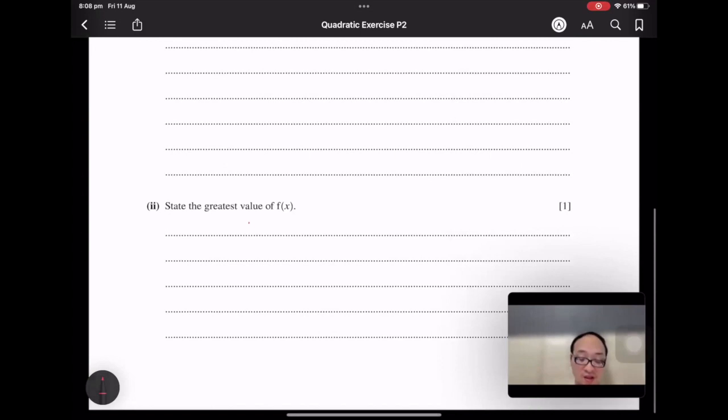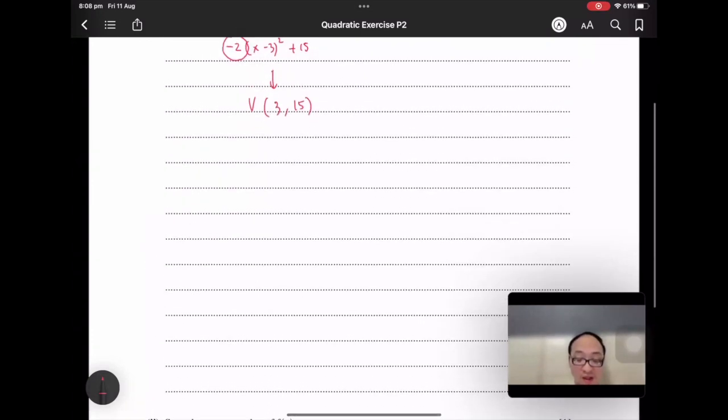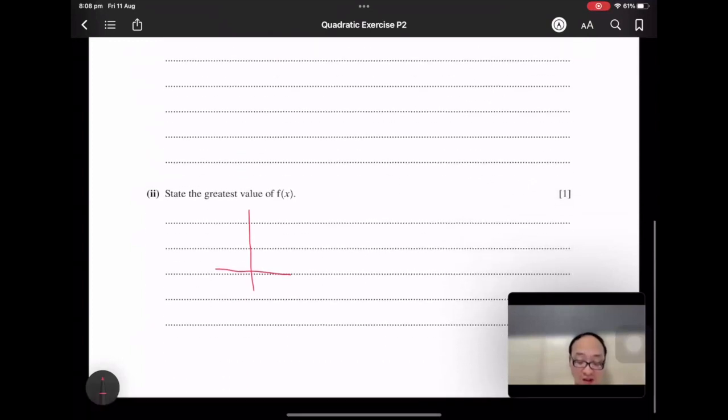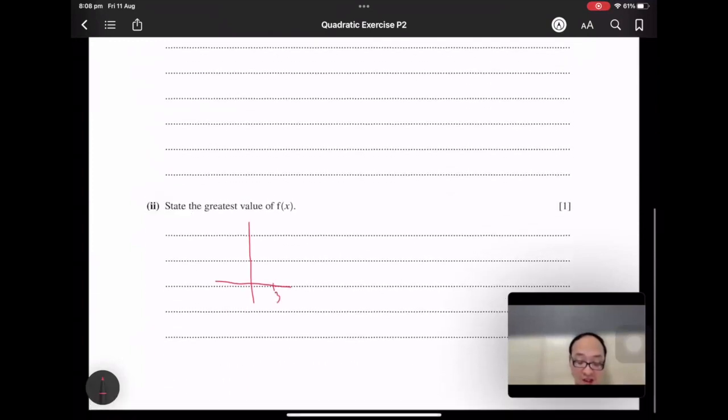So if I draw it, it will be (3, 15), the vertex. And this is an n shape, so it will be like this. So this will be the highest point, the maximum value of y of f(x). So that means the greatest value of f(x) is equal to 15.